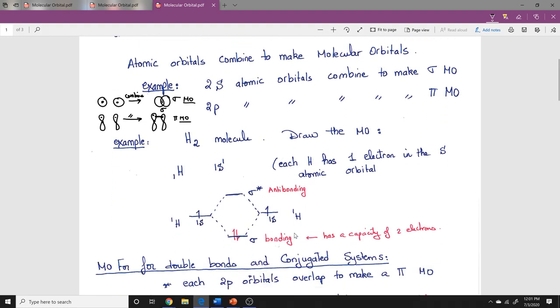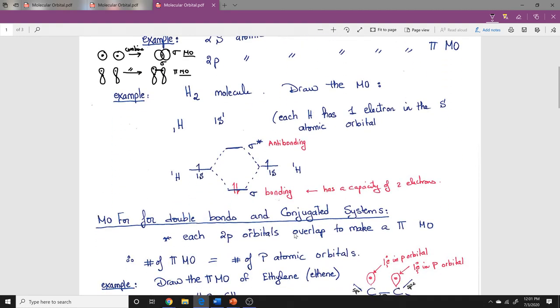So let's have an example of the hydrogen molecule. If we want to draw the molecular orbitals of hydrogen, I know that hydrogens have a covalent bond, right? The bond is a sigma bond. So let's go ahead and draw that in the molecular orbital there. Hydrogen has one atomic orbital, so its electronic configuration is 1s1.